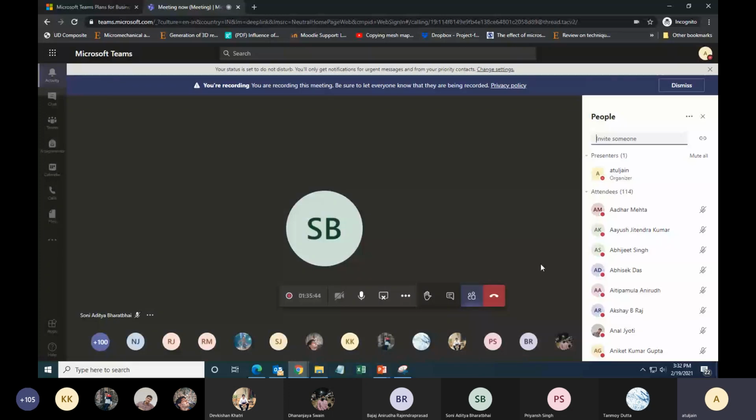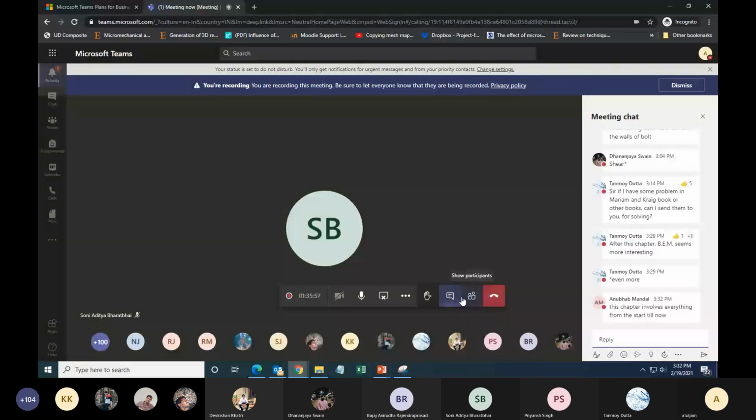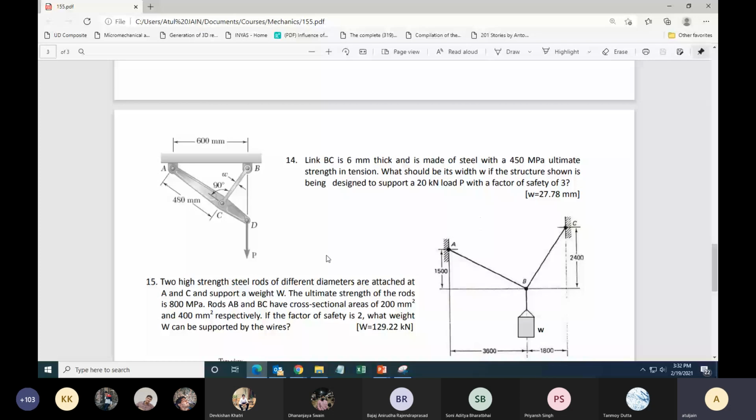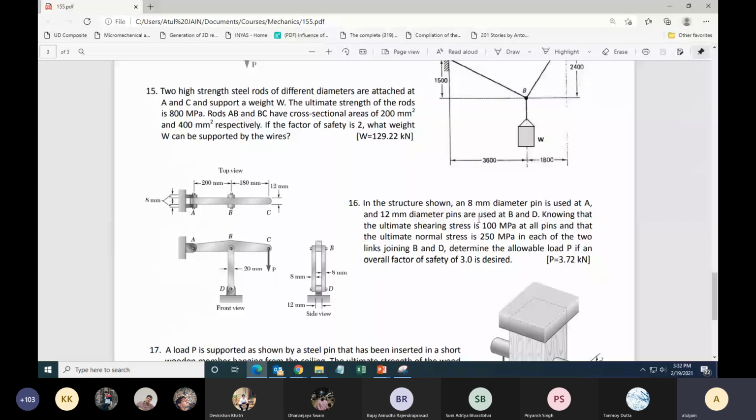I would request all the 114 attendees of this meeting to try and solve as many problem sheets as possible during the tutorial. Otherwise, you're not making full use of the time that is given to you. See, 12 again, I think it is the same thing. Basically, it is a 2D equilibrium problem. You will calculate the stress. 16 we've done. Let's try to do 17.